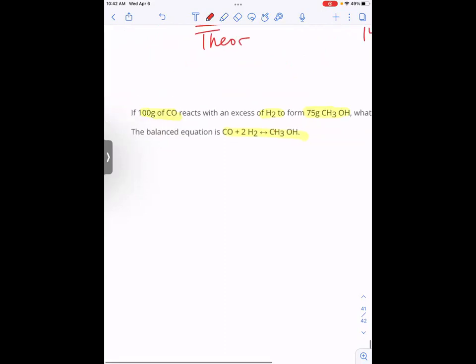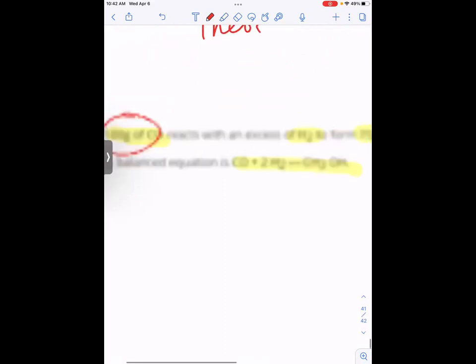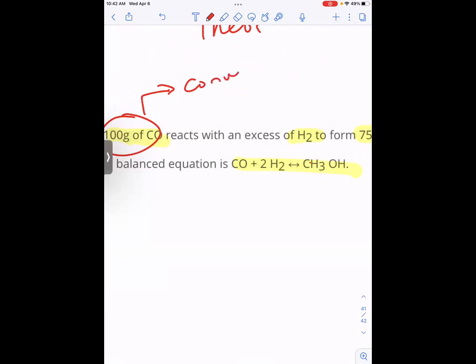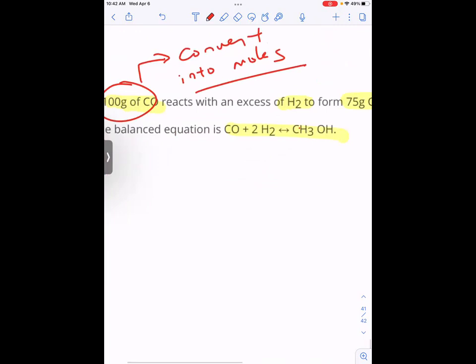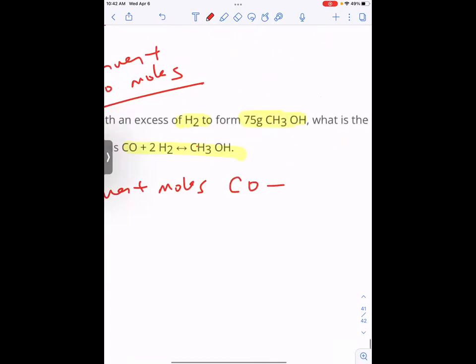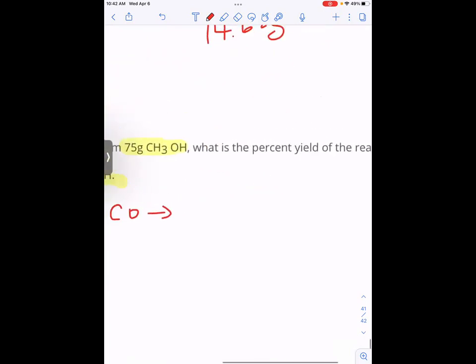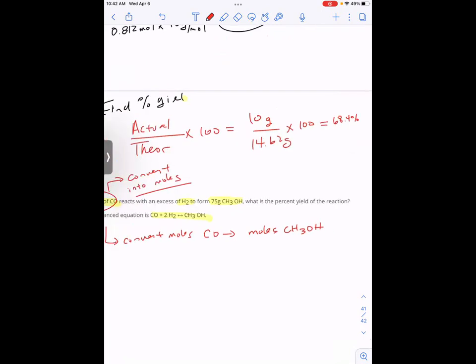Wouldn't I take this, convert it into moles first, and then convert moles of CO into moles of methanol? That's going to give me my theoretical yield in moles.